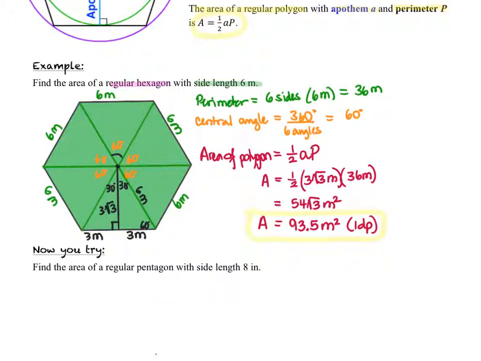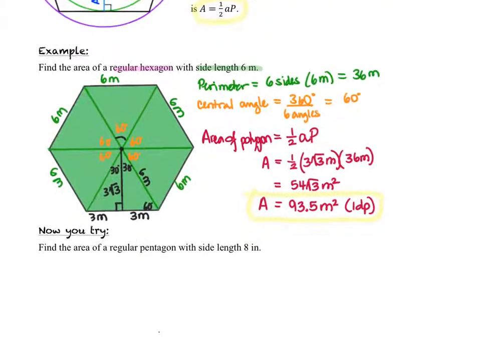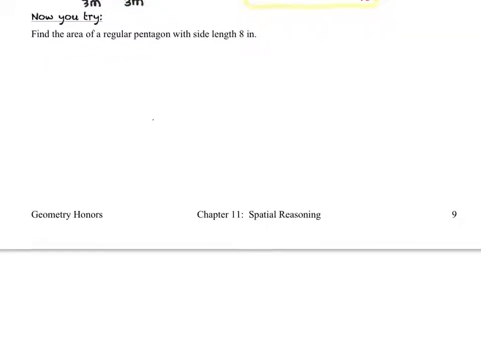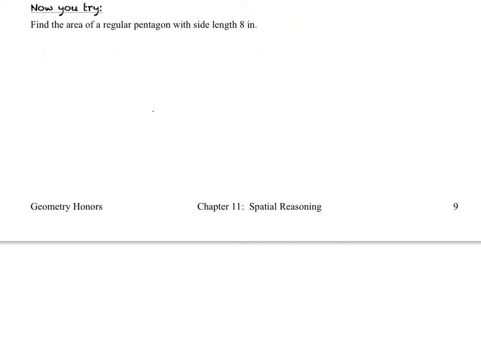To give you a little bit of practice, of course, there's a now you try. So you're going to be working on this problem. Find the area of a regular pentagon with side length 8 inches. And of course, start with a drawing, label everything, show your work, and then turn the video back on.